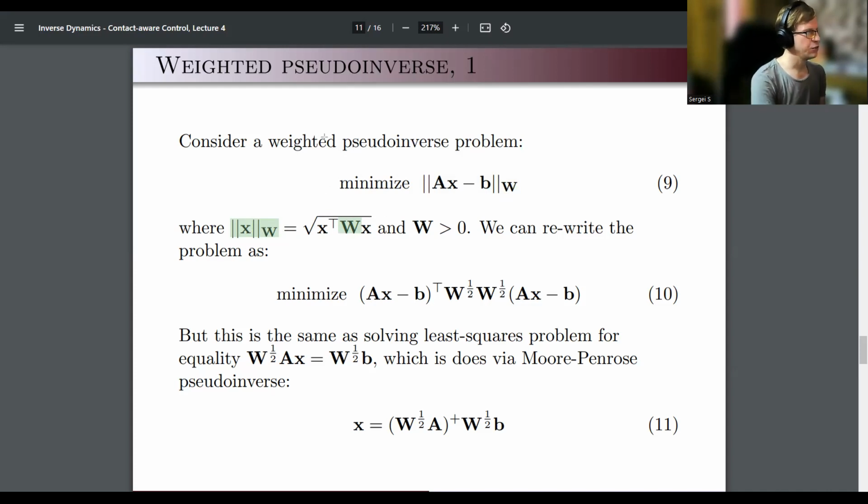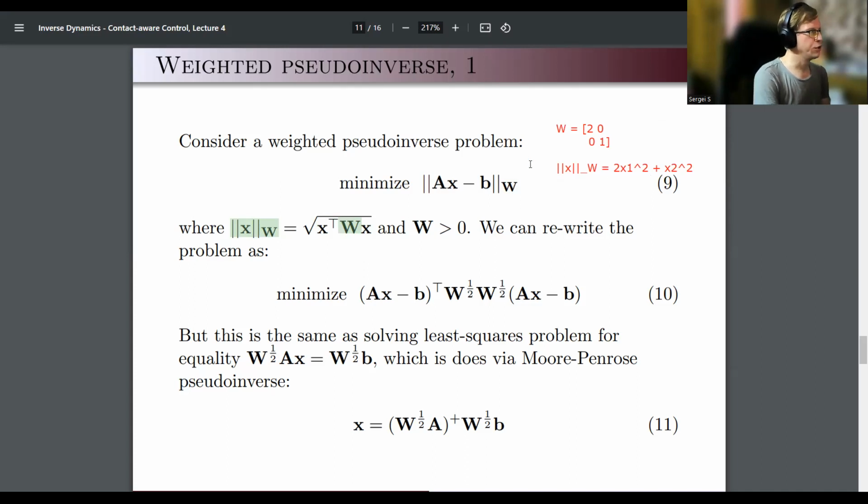For example, if W is something like 2, 0, 0, 1, then your weighted norm of x, with subscript W, would be 2x1 squared plus x2 squared.